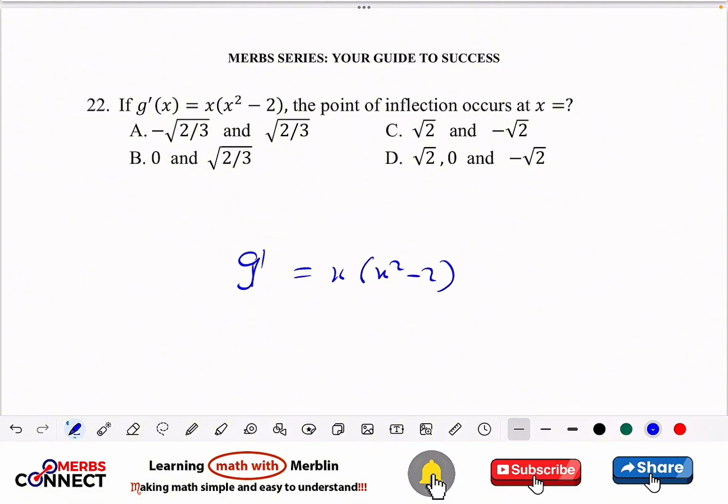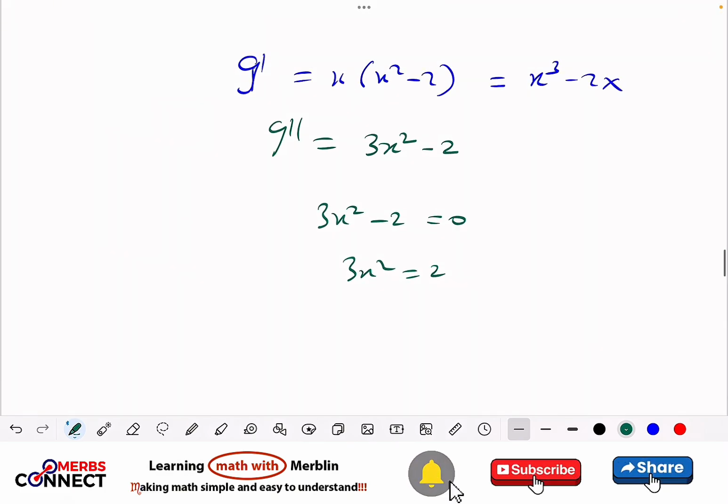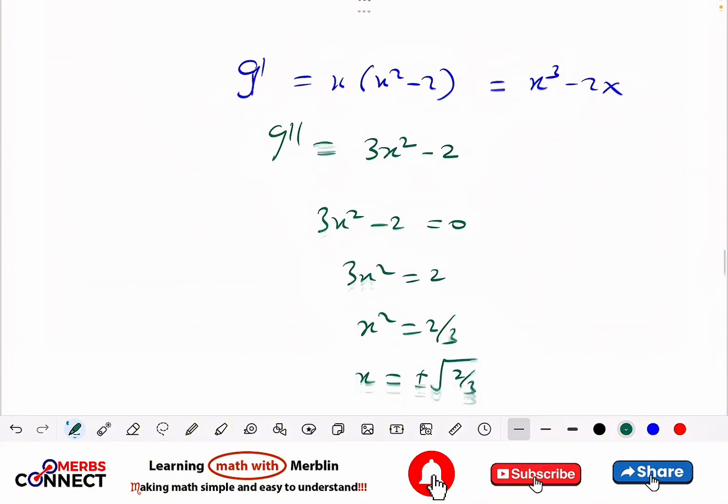So I can multiply through by x and have x cubed minus 2x. So g double prime will be equal to 3x squared minus 2. So let's set it to 0 and solve for x. So 3x squared is equal to 2. x squared is equal to 2 on 3. And x is equal to plus or minus square root of 2 on 3. So this is the point of inflection.